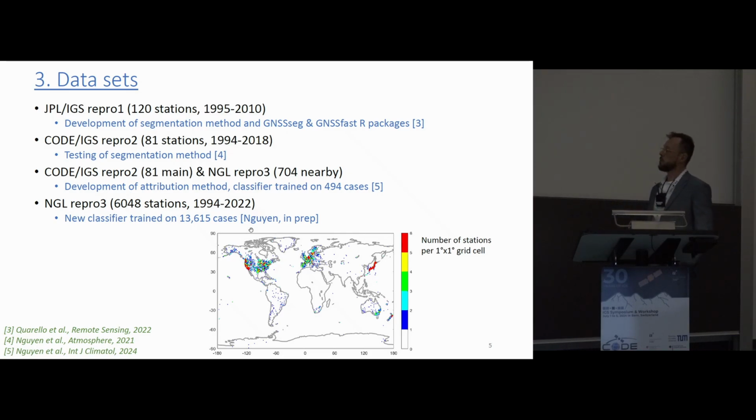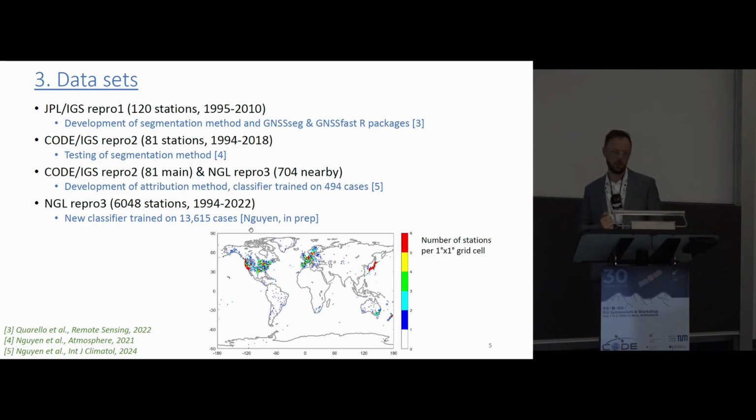So we developed and tested these segmentation and attribution methods on different data sets. The first one was the IGS Repro 1 Tropo solution. The second one was the CODE Repro 2 solution. And because we need nearby stations, we extended the Repro 2 from CODE with NGL Repro 3, so it brought several nearby stations.